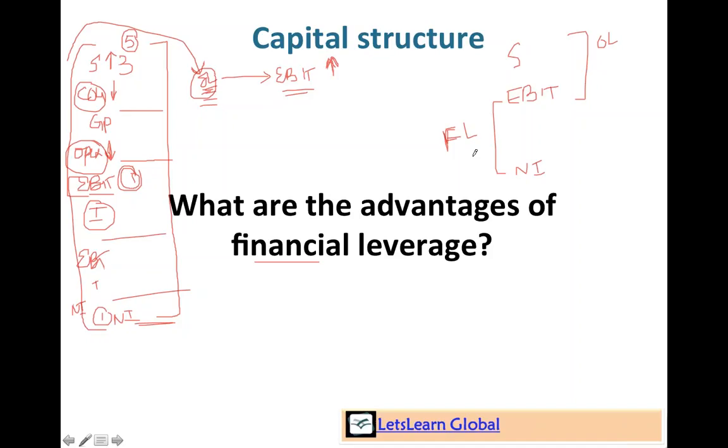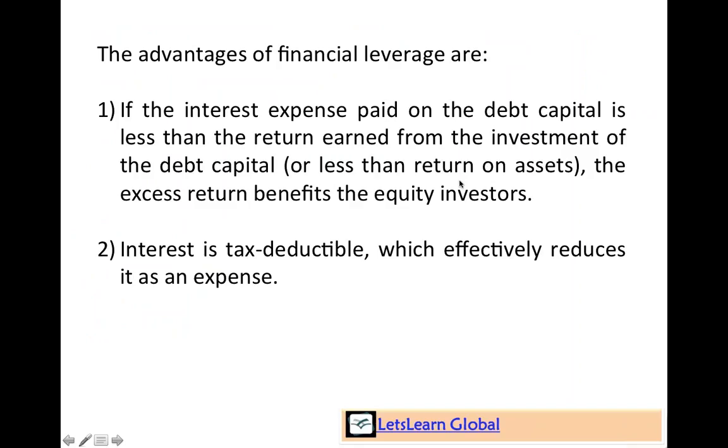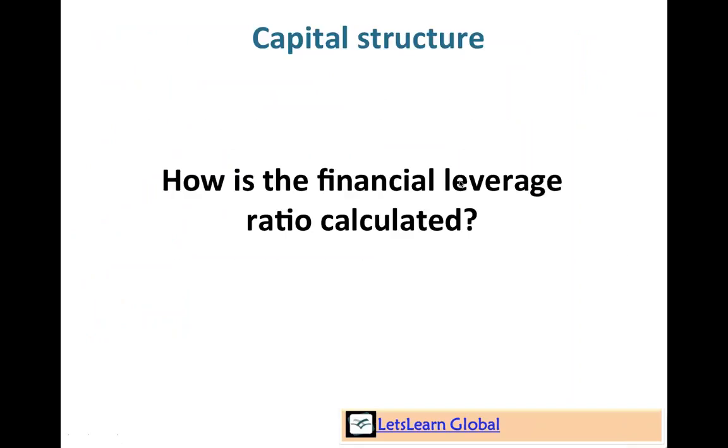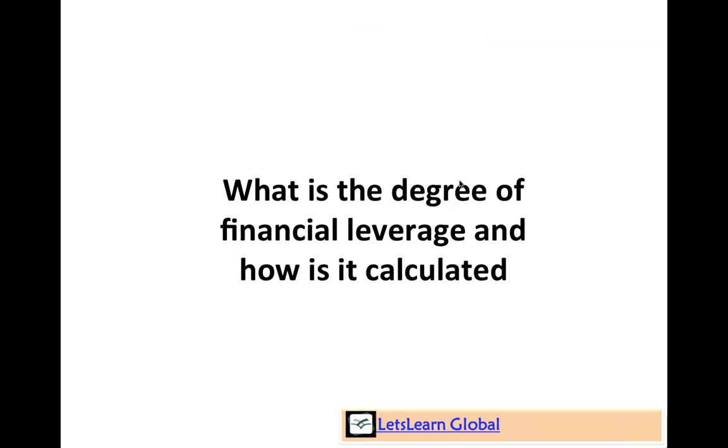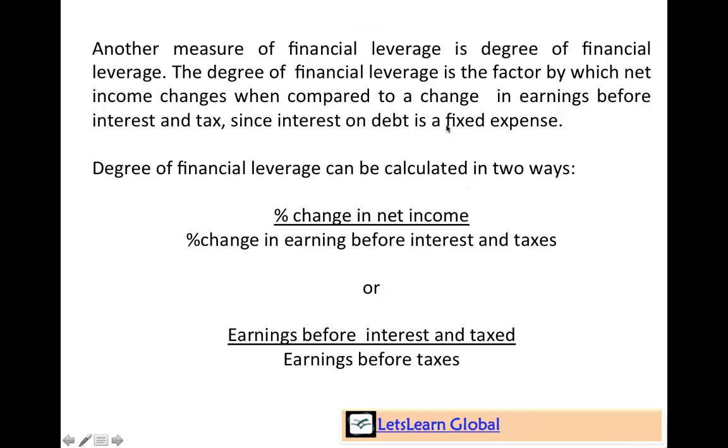That is defined by financial leverage. Financial leverage exists only when there is a loan, when there is debt, and it is calculated using a formula: percentage change in net income divided by percentage change in EBIT.